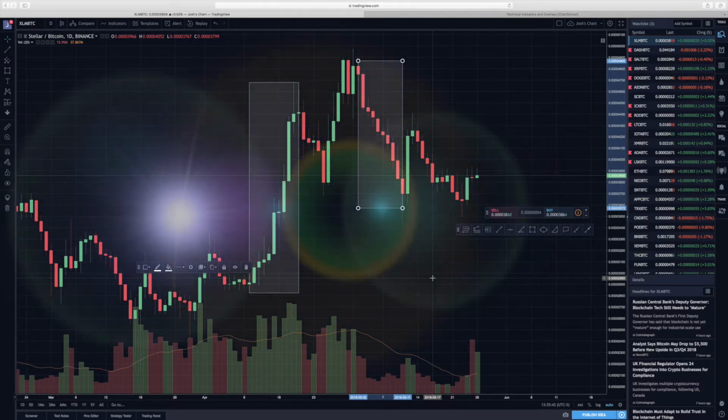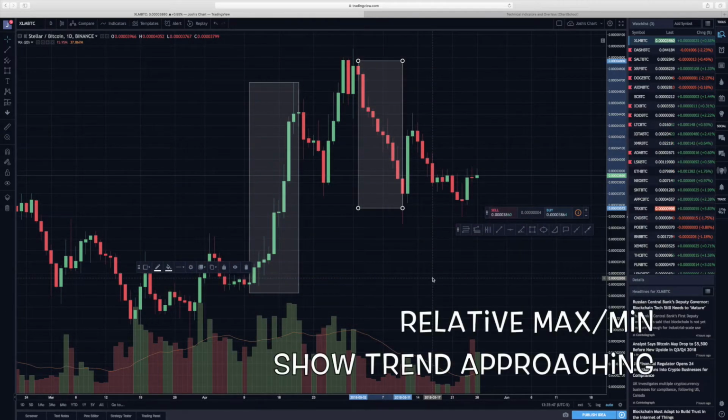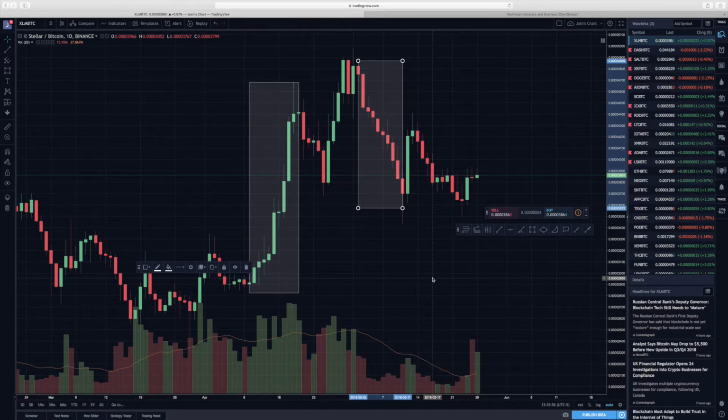So a couple things to keep in mind. Go ahead and look for the relative maximums, whether it's a green or a red candlestick. That'll indicate whether the trend is going to be strong in one direction or the other direction. I would use that alongside other markers or other indicators or other methods to ensure this.